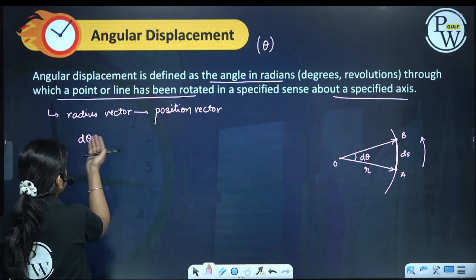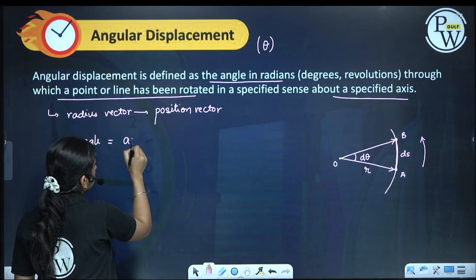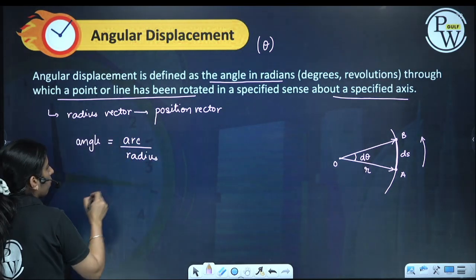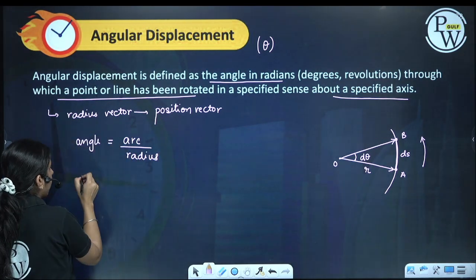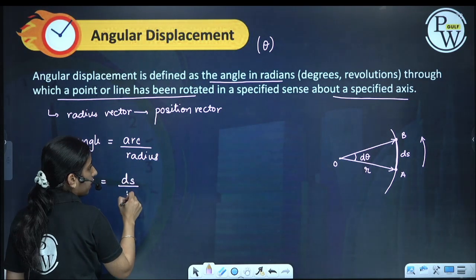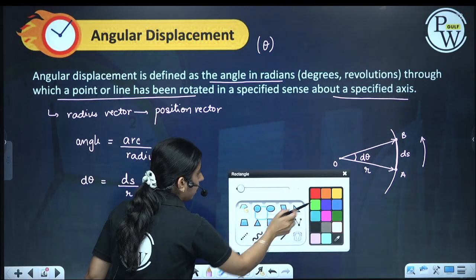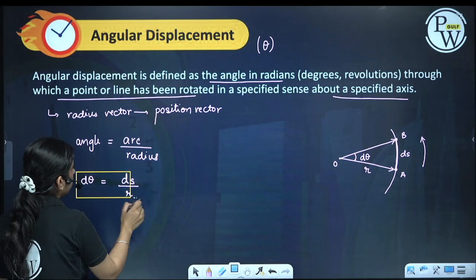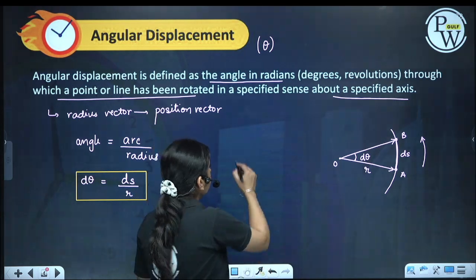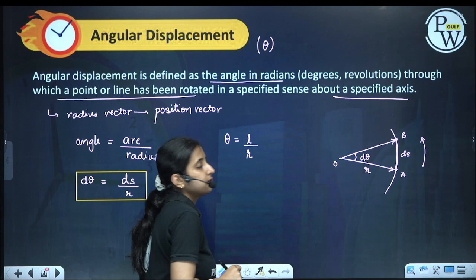Now we know that angle is equal to arc by radius. So what we will have is d theta will be equal to ds by r, and if we have a large angle, theta will be equal to L by R. Okay, if we have a large angle, then we can also write theta is equal to L by R. This is also fine.